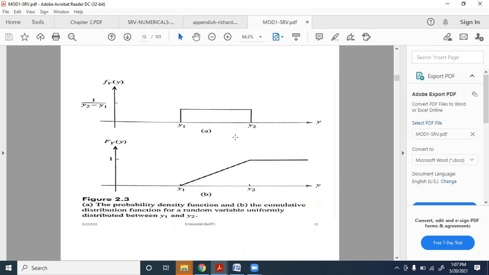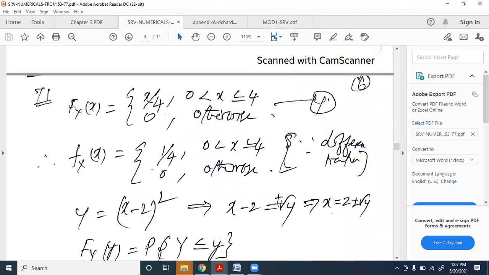The equation for this, when it's distributed between 0 and 4, will be x by 4, and the PDF will be 1 by 4, because the area for fx(x) should be equal to 1. From 0 to 4, the length is 4, multiplied by the height 1 by 4, gives the area to be 1.